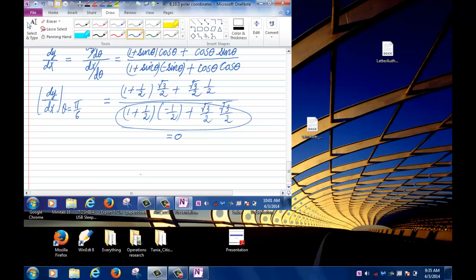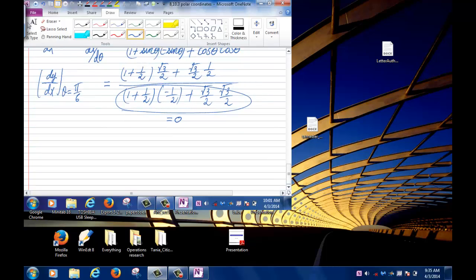And the other term is positive 3/4. So it's 0. So from your extra credit quiz, when you got dx/dt to be 0, what did you have? Vertical tangent, right? Because I have this, the slope is undefined. So the slope at theta equals pi over 6 is undefined.